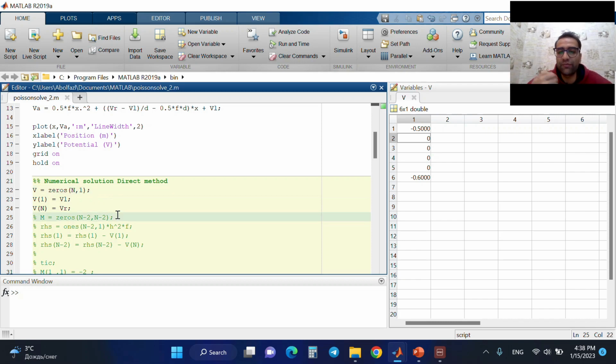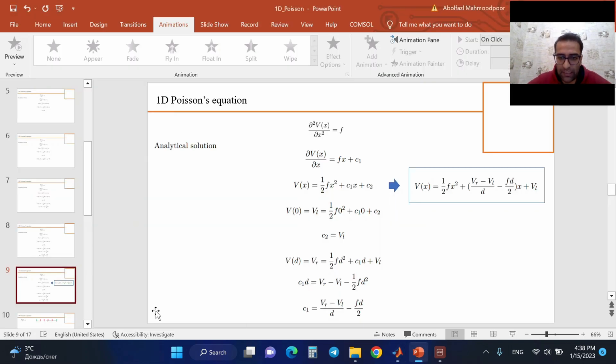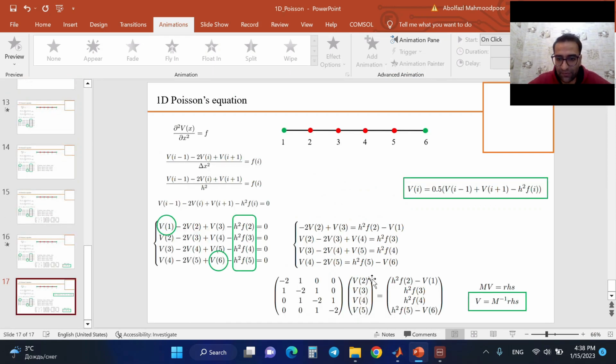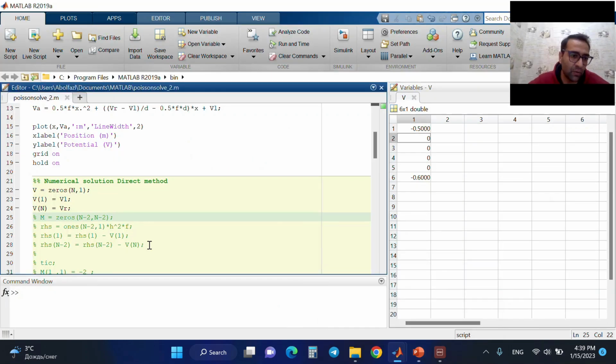Now we need to define the matrix M. You see that this is a diagonal matrix where the main diagonal, upper diagonal and lower diagonal are nonzero. Let's go step by step through how we can define it.